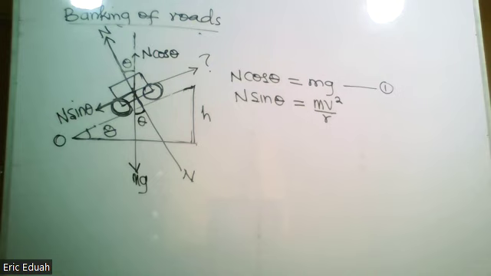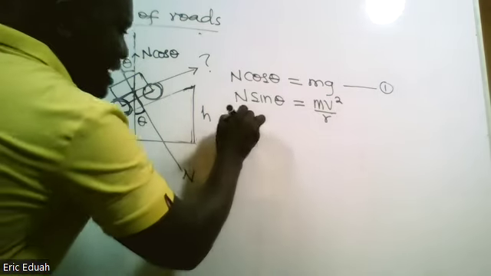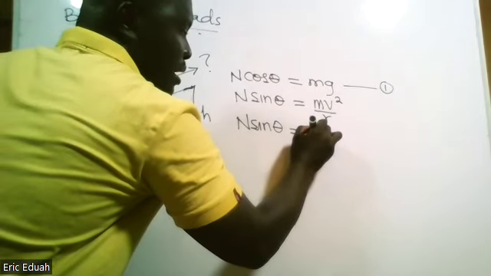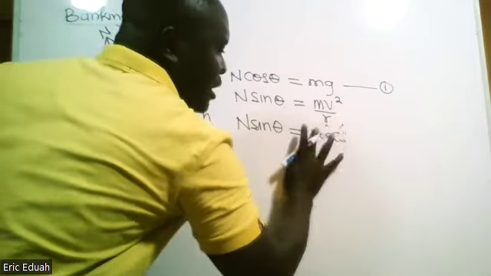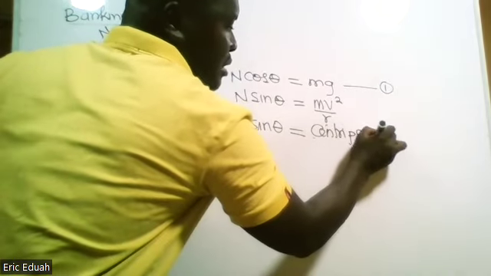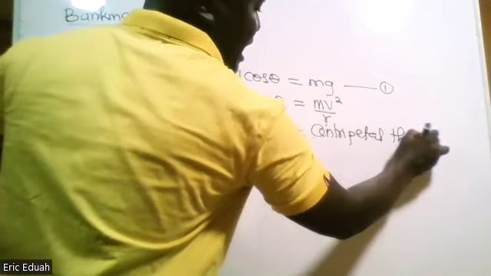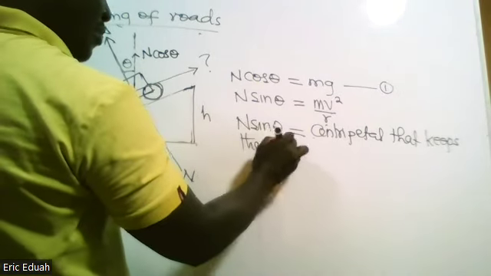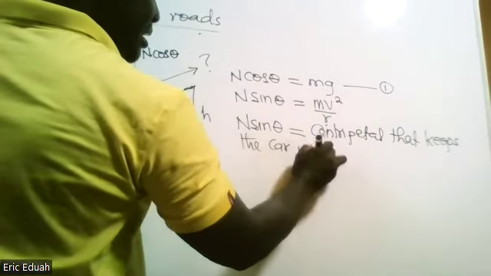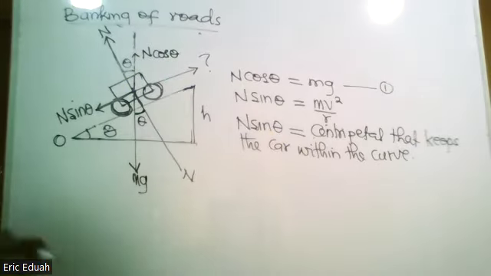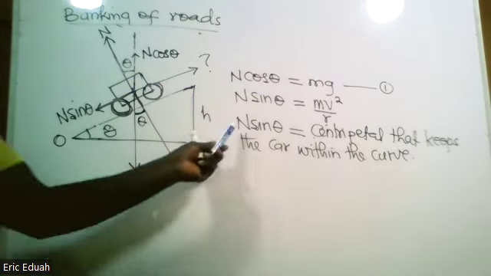And so we realize that when the road is banked, the n sin theta component is equal to what provides the centripetal force that keeps the car within the curve.